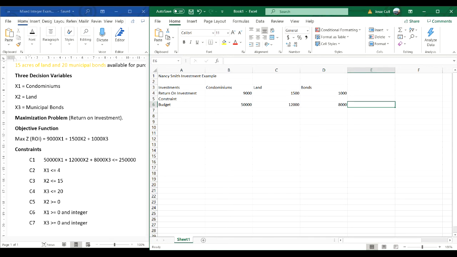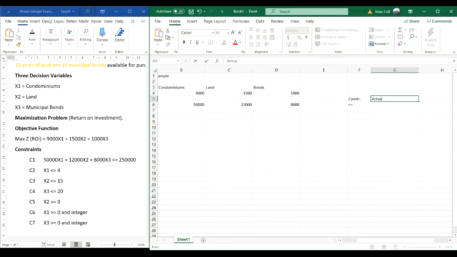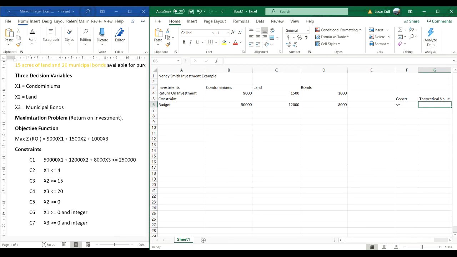And this must be less than or equal to, in this case, our theoretical value of $300,000. That's how much he has to invest.